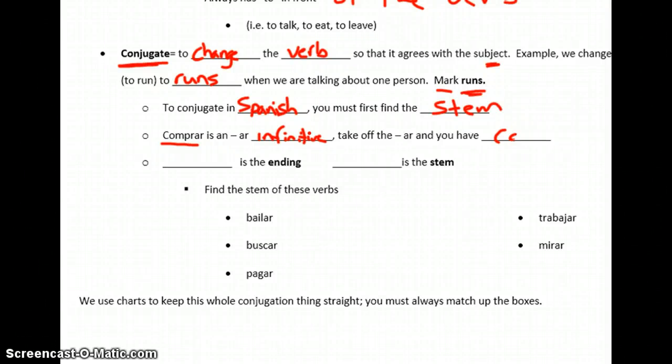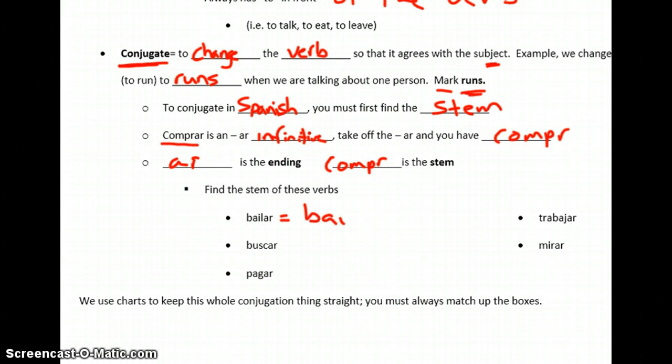And then you have this left, and that is the stem. AR is the ending. This is the stem. All right, that's your first step to conjugating. Okay? So let's find the stem of these verbs.